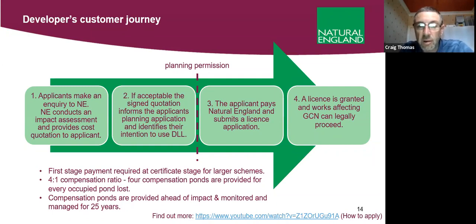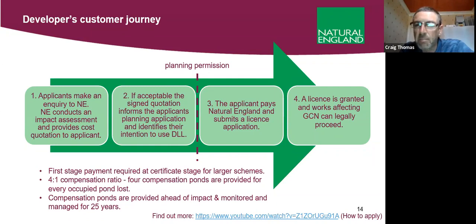We require that up front. And that's securing ponds to ensure that they are allocated to developments ahead of planning permission. Most developments don't require such, but the larger developments do. If planning permission is not secured by that developer, then that money is refundable.